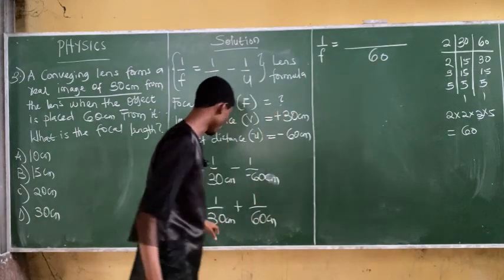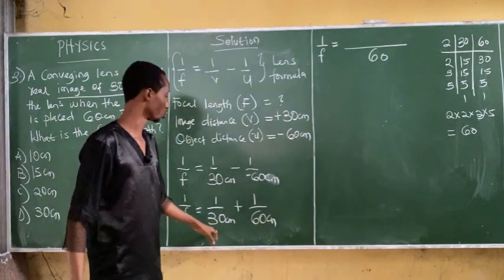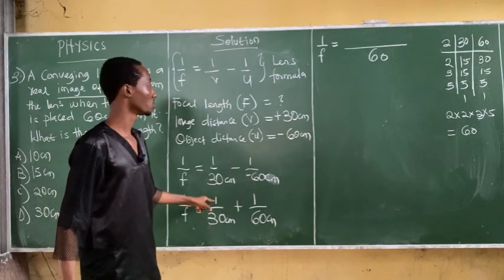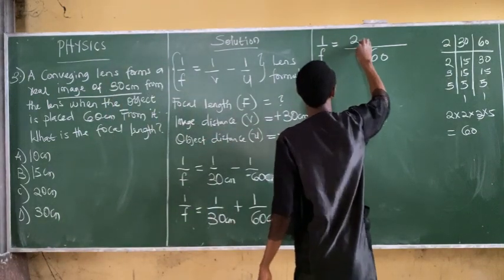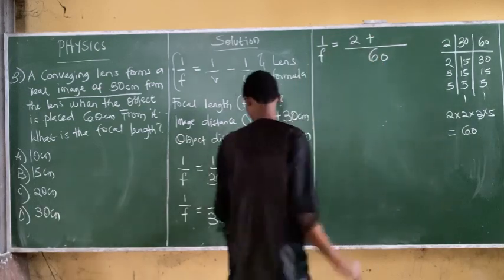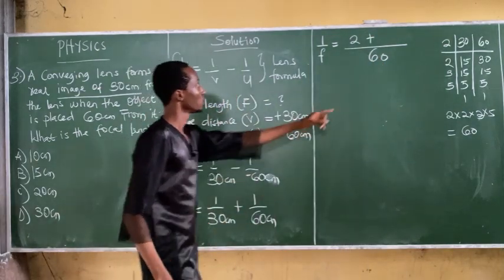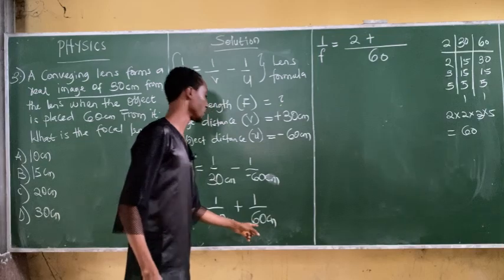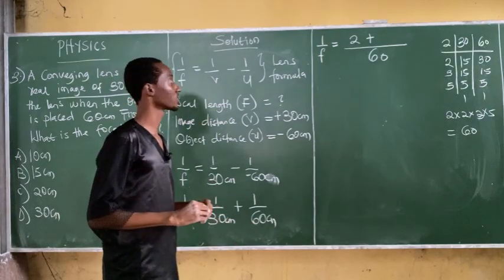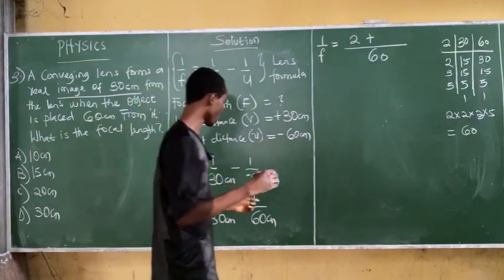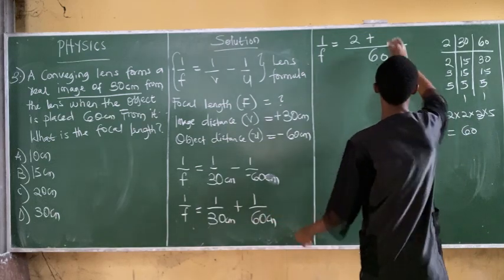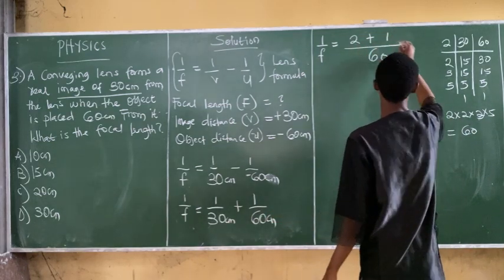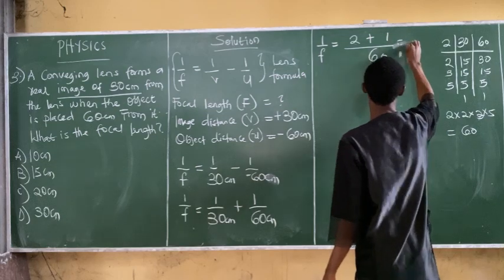60 divided by 30 will give us 2. 2 times 1 will give us 2, plus the sign. 60 divided by 60, we have 1. 1 times 1 gives us 1. 2 plus 1 will give us 3.